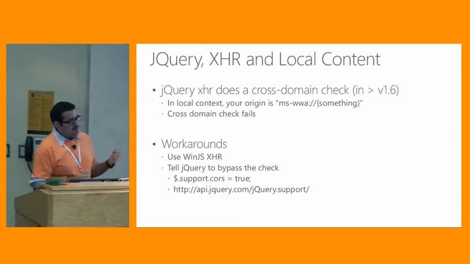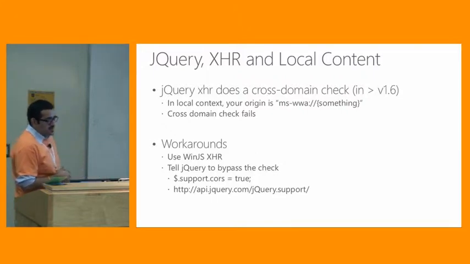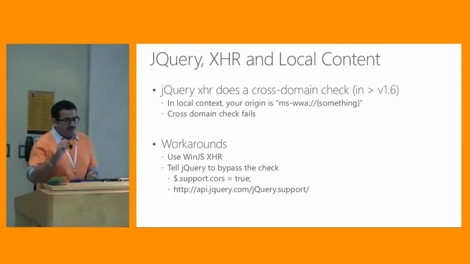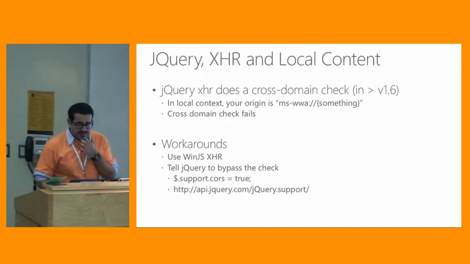That's why Win.js XHR might be a good replacement for anywhere in your code where you're making a jQuery XML HTTP request. And like I showed you earlier, it's very similar syntax, so it shouldn't be a big deal to add a little check to see if it's running on Windows 8. If so, you can use Win.js XHR. Otherwise, you can keep using jQuery's GET request or AJAX, whatever you want to use.